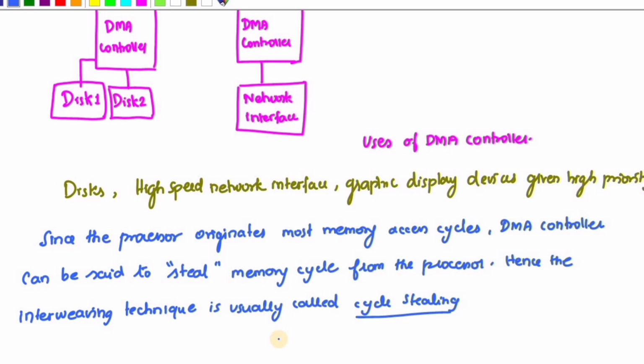There are registers used to store the memory address, word count, etc., present inside this DMA controller. For storing the address it requires some registers, and to store the word count it has another register. Then it also has a control unit.